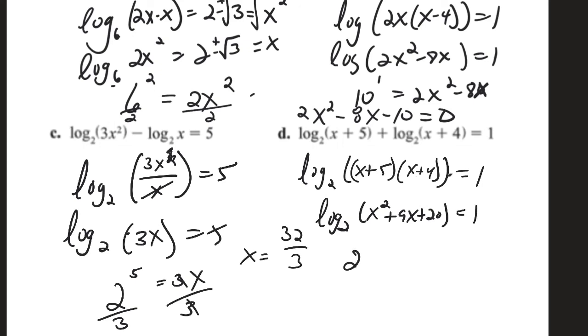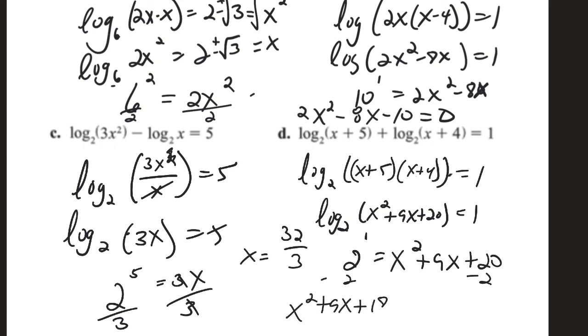Then I'm putting this in exponential form, which is 2 to the first power equals x squared plus 9x plus 20. I'm subtracting 2 from both sides. So now I have x squared plus 9x plus 18 equals 0. Are there two numbers you can multiply to get 18 and add to get 9? Yes. One of them is 3 and the other one is 6. So my solutions for this are -3 and -6.